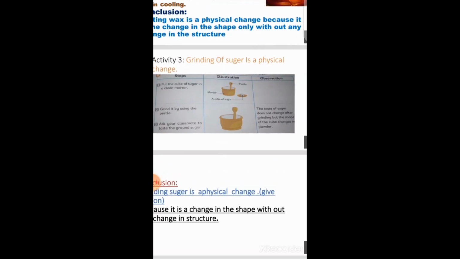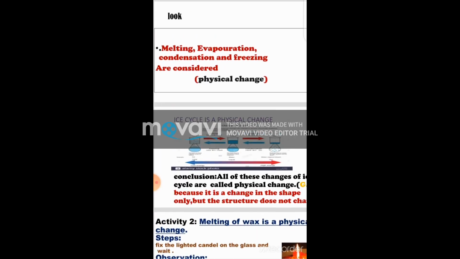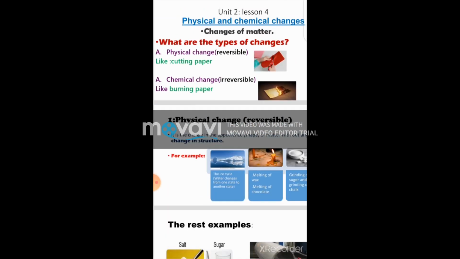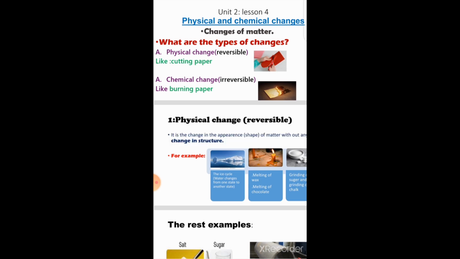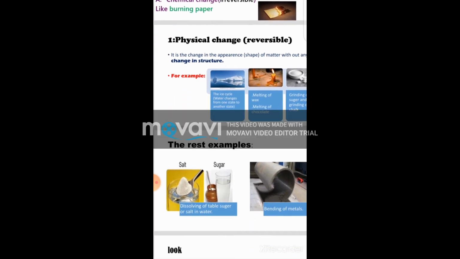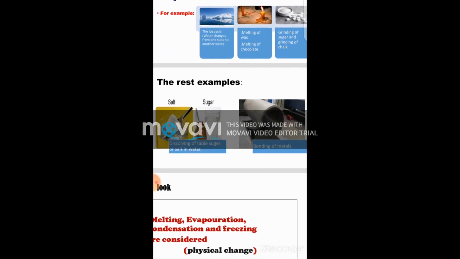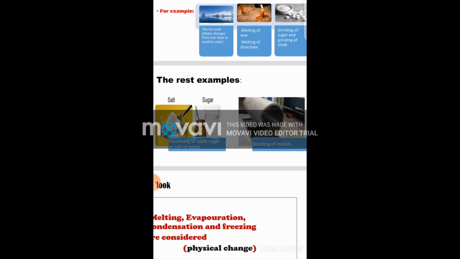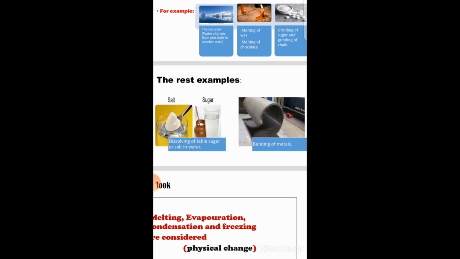We will make a quick revision about physical change. We took 2 types of changes, physical change and chemical change, and we know the difference between them. We know physical change is the change in the appearance or shape of matter without any change in its structure.